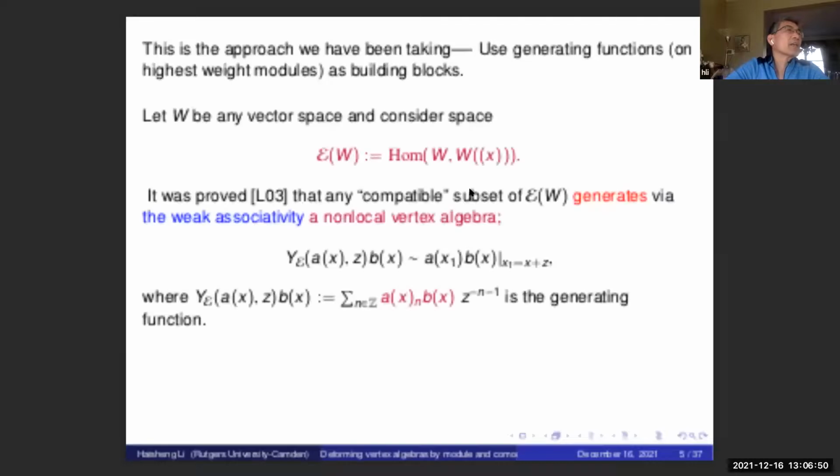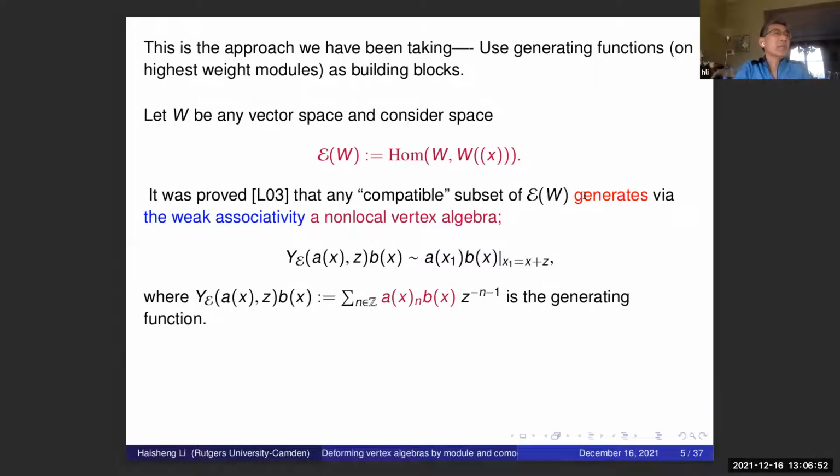Let me just mention the quick idea here. Suppose W is a general vector space, and we consider the so-called vertex operator, a formal series, or quantum field, whatever you call it. That's the main object that we then want to generate.